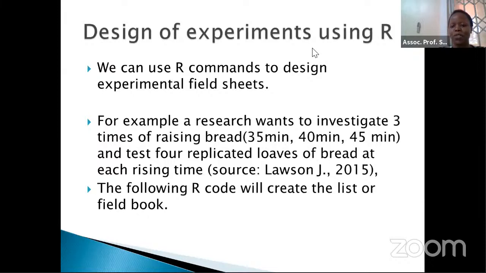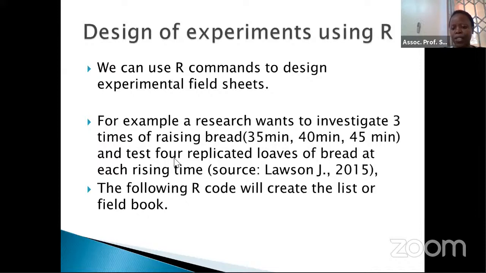So in this case, the number of experimental units, the number of loaves of bread, is 3 times 4, since you have replicated 4 times, meaning we have 12 loaves of bread that we are going to investigate.